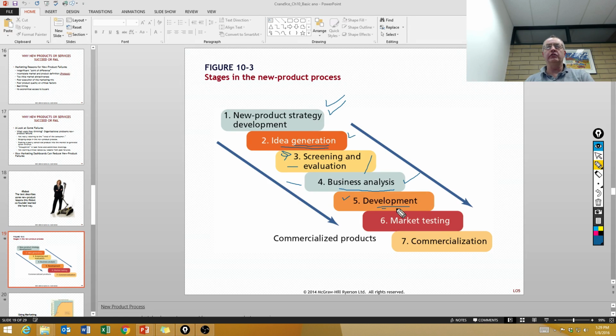Then you engage in test marketing: you roll the product out to actual consumers to see if they're interested in buying it. If your product passes that stage, you commercialize the production of the product. We're just going to walk through these 7 steps over the balance of this chapter.